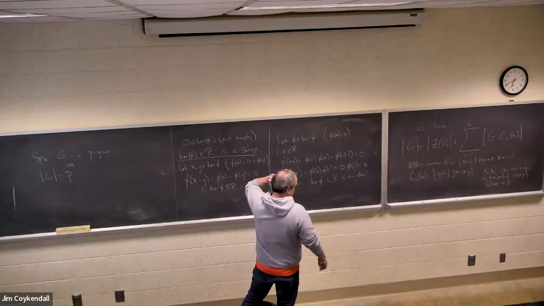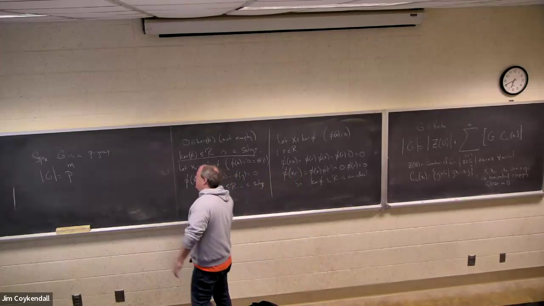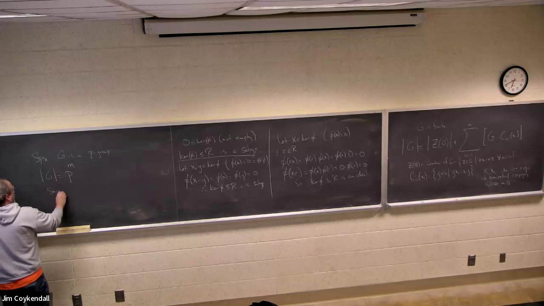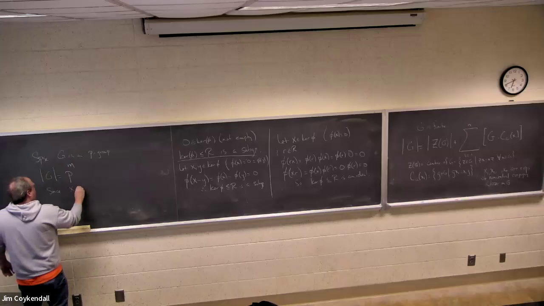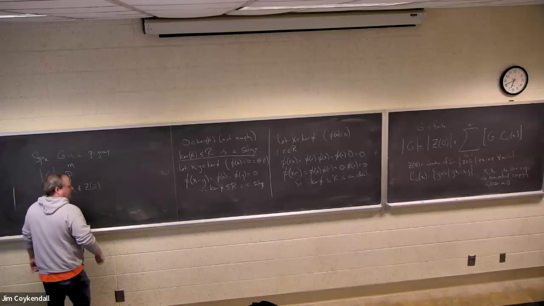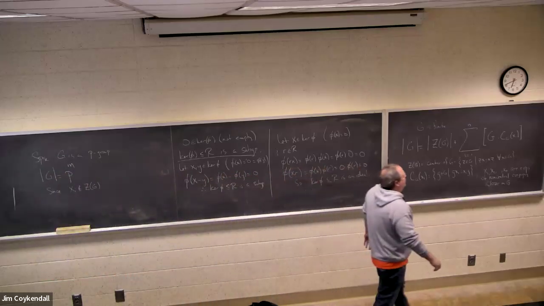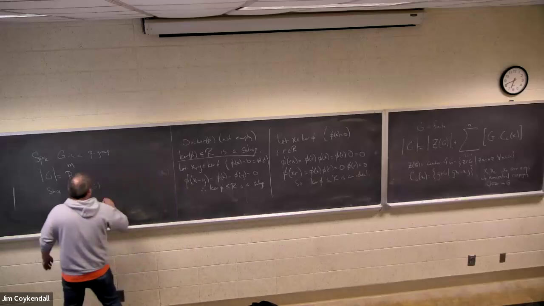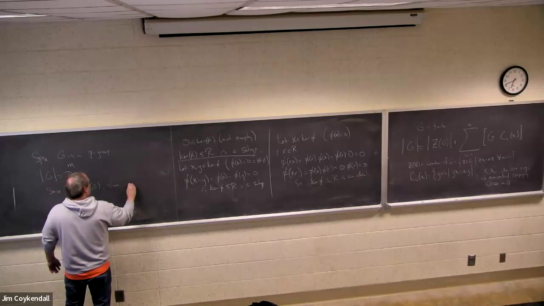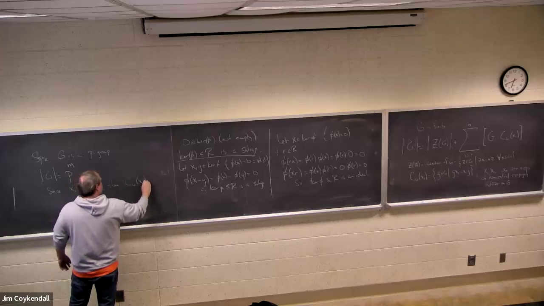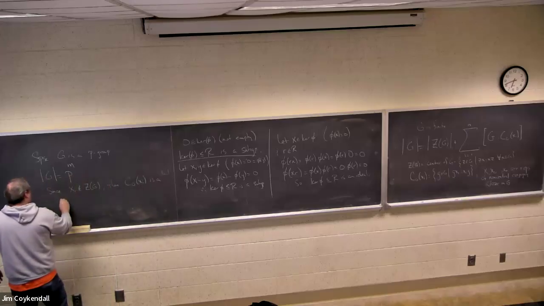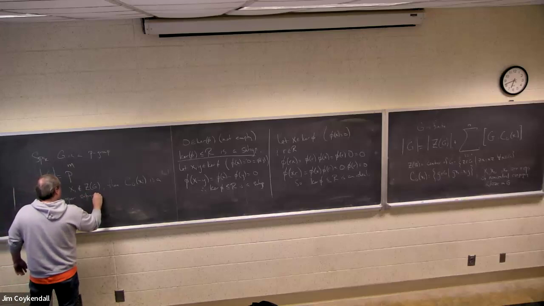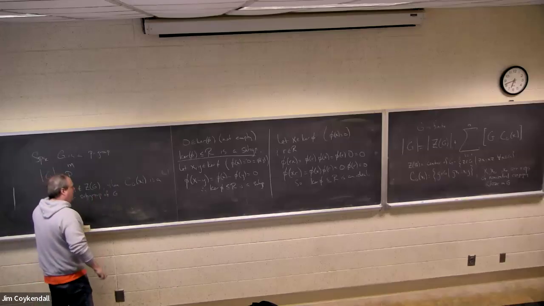Let me point out that since xi is not in the center, right, each of these xi's are not in the center, then the centralizer of xi in G is a proper subgroup.